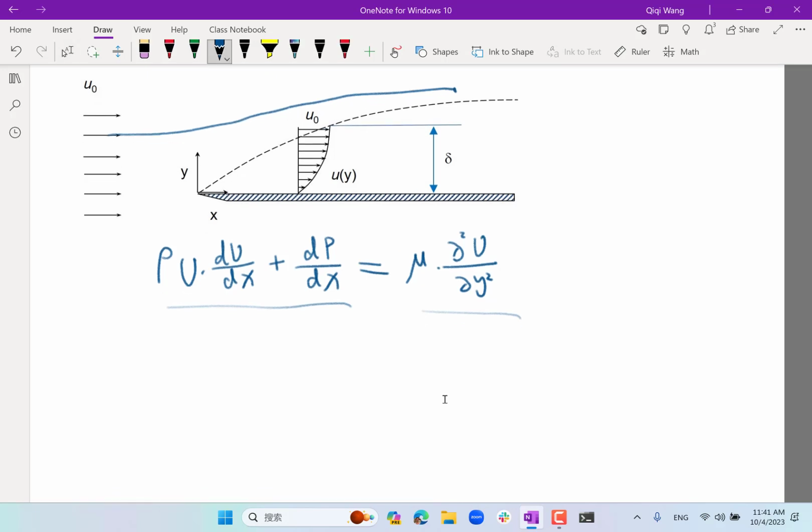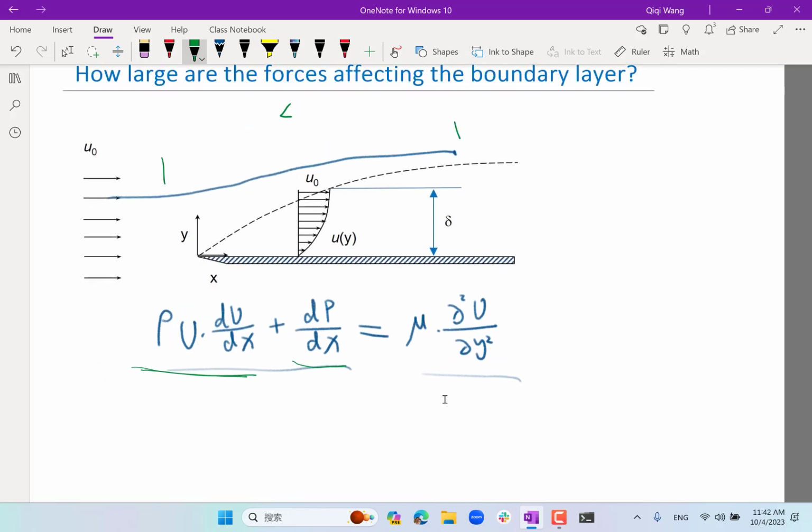Okay, so now let's start to look at the order of magnitude of these terms. In the first term, if I have enough pressure gradient to significantly alter my velocity over a length scale of delta x, then the combined left-hand side has an order of magnitude of half rho u infinity squared.